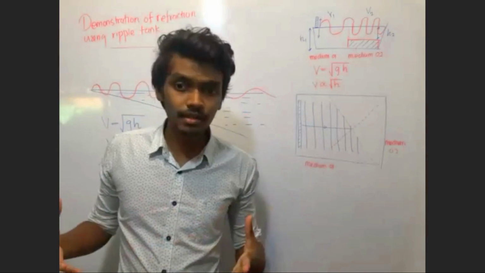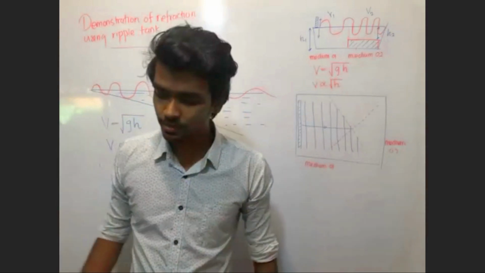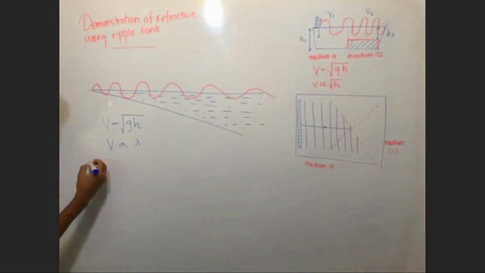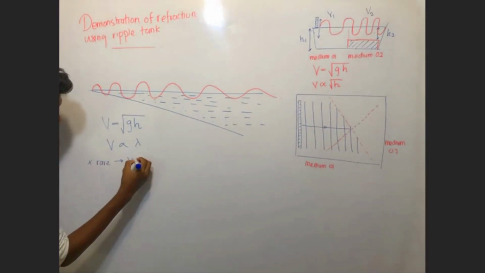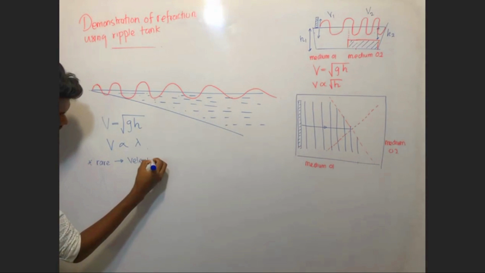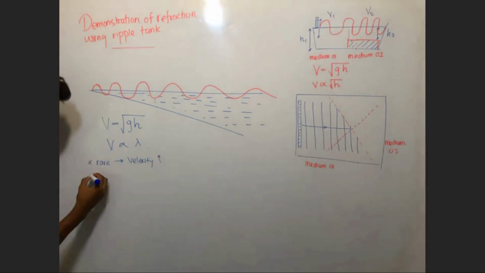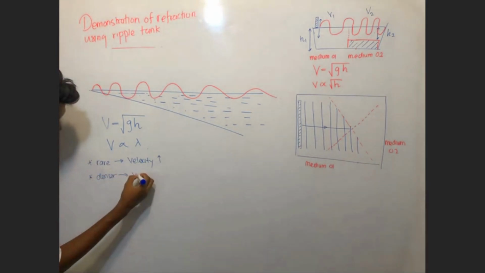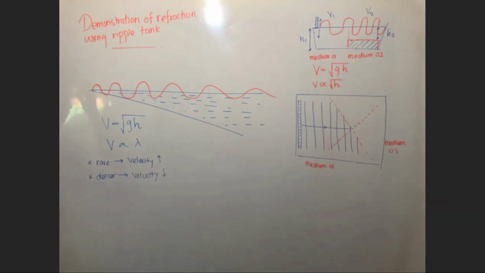Inside a rare medium, a transverse wave is going to have a higher velocity. Inside a denser medium, the velocity of water waves is low, right?